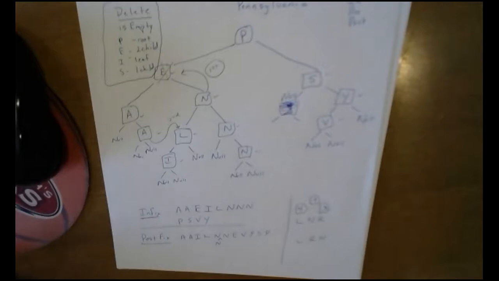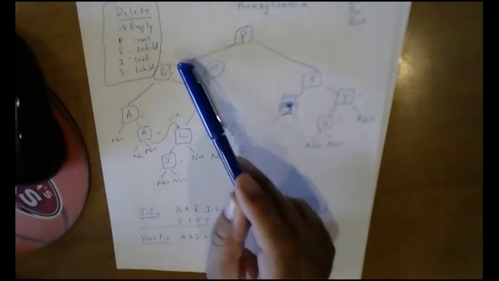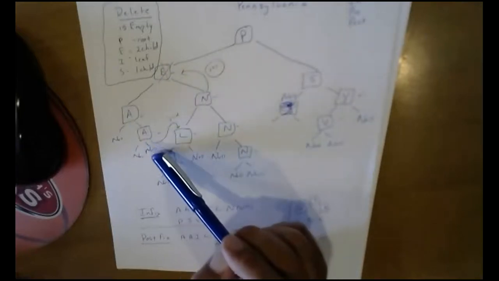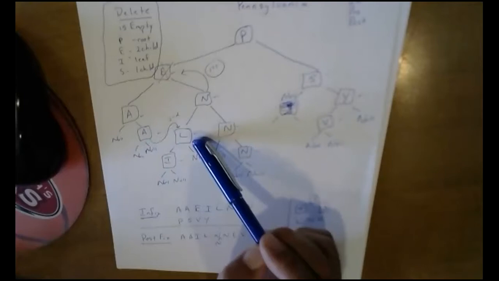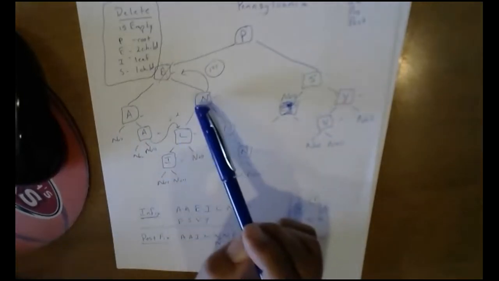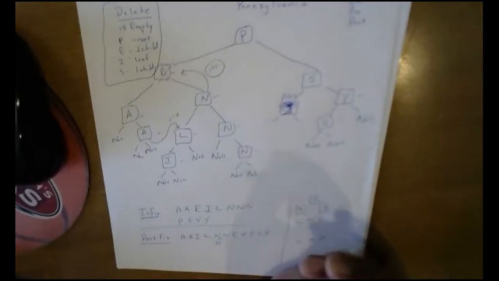Okay, so P that used to point to E now will point to N, and then N will point to A, and then the rightmost one, A, will now point over here to catch the rest of it. So N's left child is A, N's right child would be N. Sounds interesting.